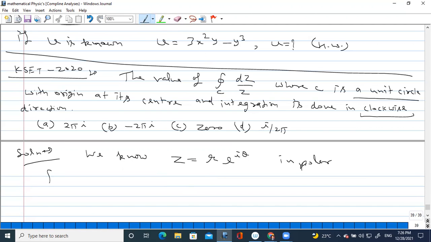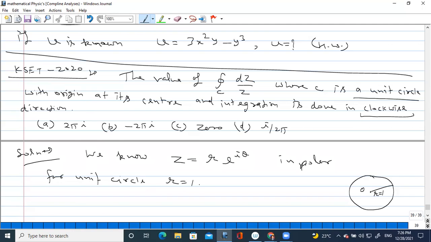So for the unit circle, r is equal to 1, which means this is a circle with the origin as its center. This is the origin, its center. So r is equal to 1, this is a unit circle like this.